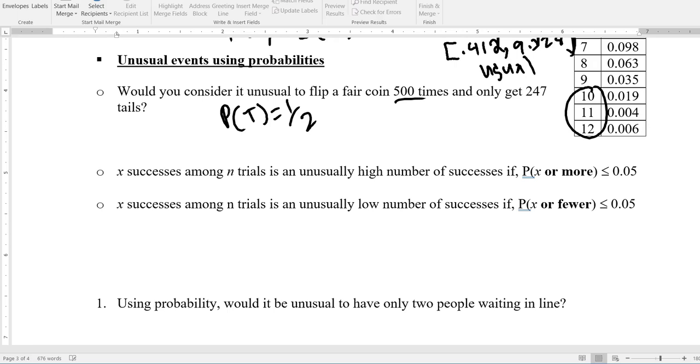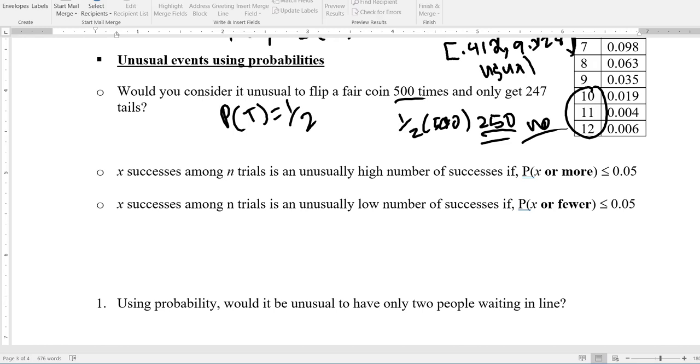So we would expect, if there were 500 times, that our expected value would be 1/2 times 500. So we would expect 250, right? Is 247 far away from that? No, this would not be unusual, okay?